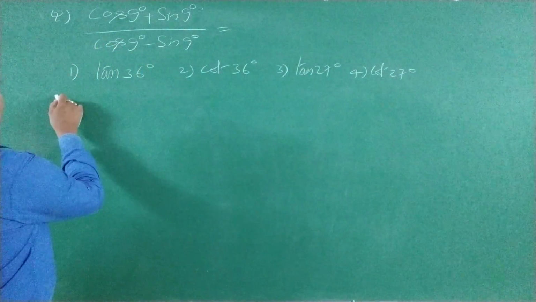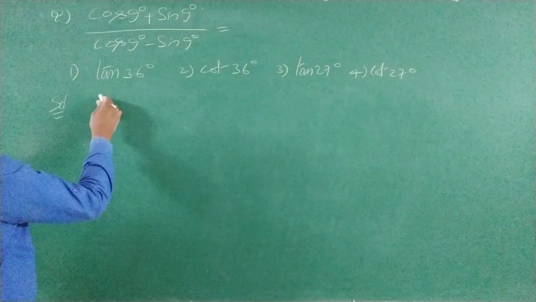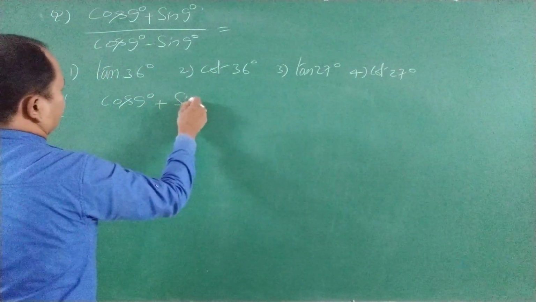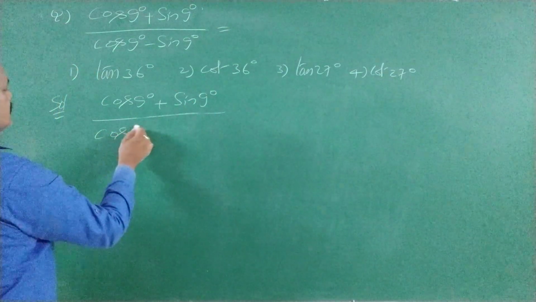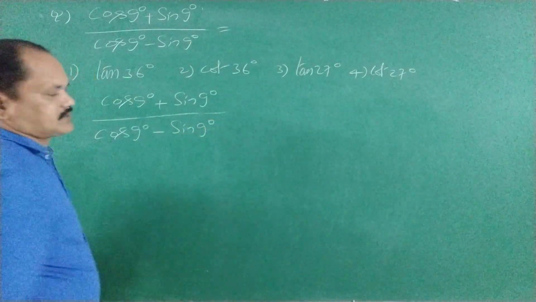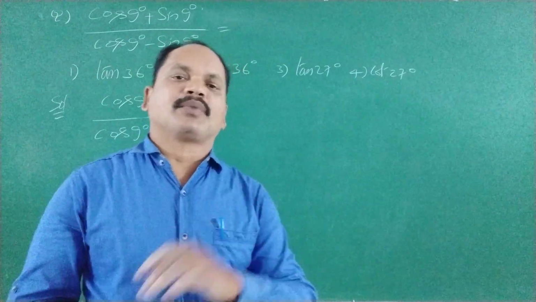Now the solution for this can be written. Here it is (cos 9 degrees plus sin 9 degrees) by (cos 9 degrees minus sin 9 degrees). Now we have to transfer this into compound angles.